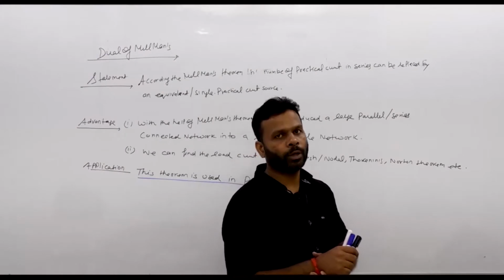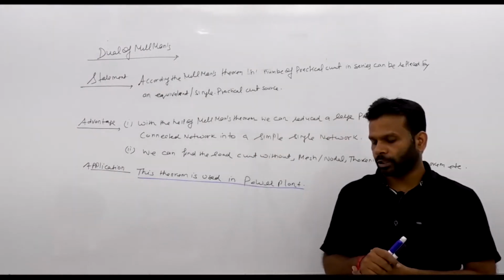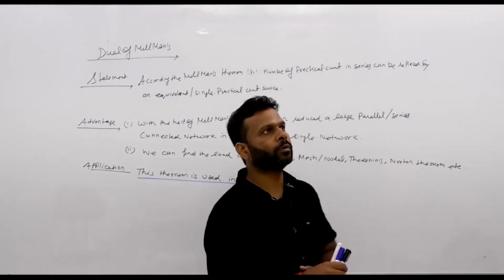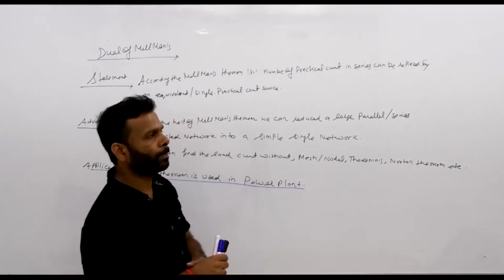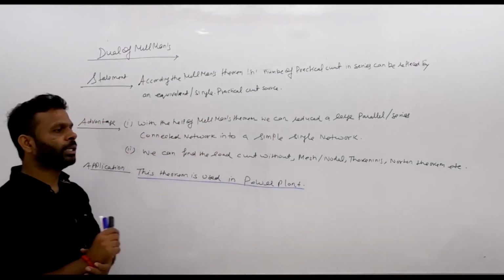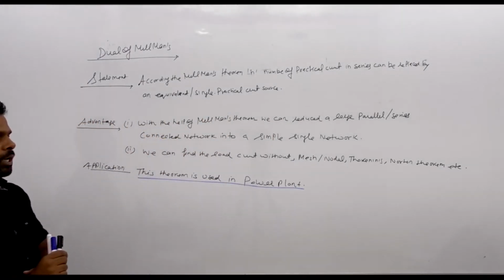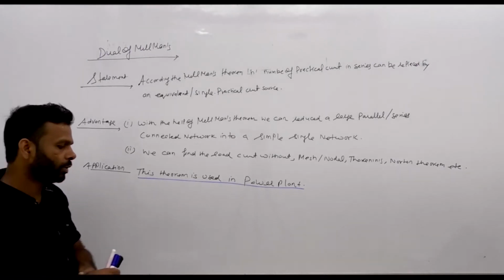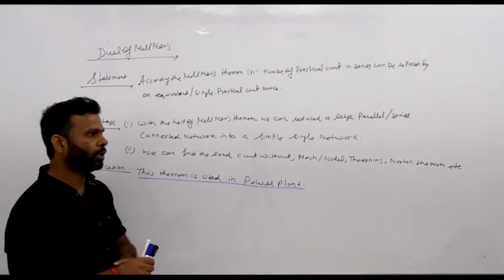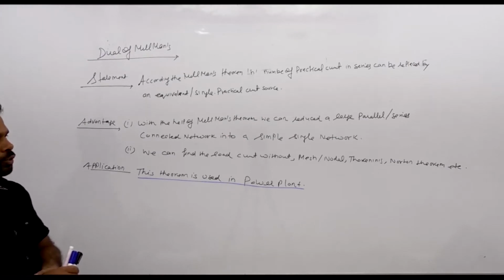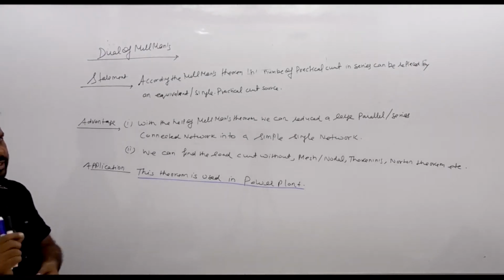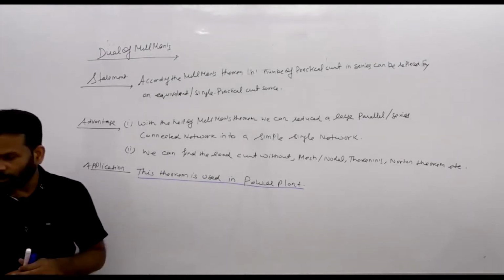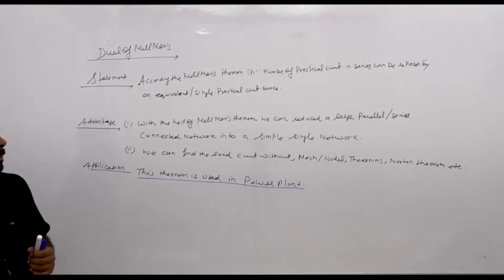Now what is the formula for R equivalent? The formula for the R equivalent is 1 upon R1 plus 1 upon R2 plus 1 upon R3 dash plus 1 upon Rn, or we can write R equivalent equals 1 upon G1 plus G2 plus G3 plus dash Gn. So these are the formula related with Millman's theorem.